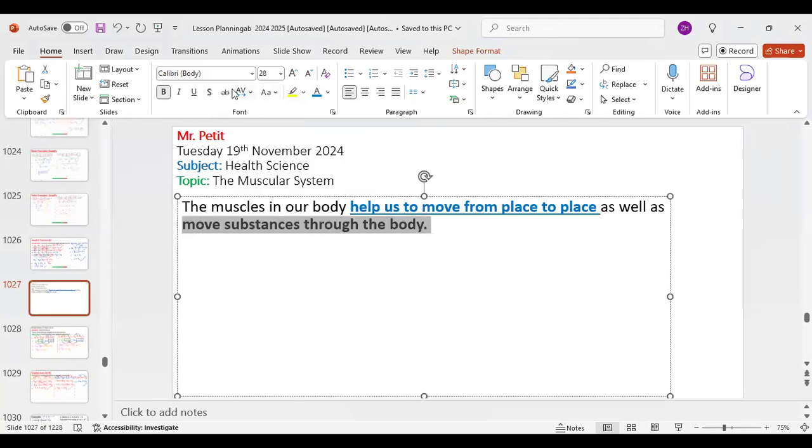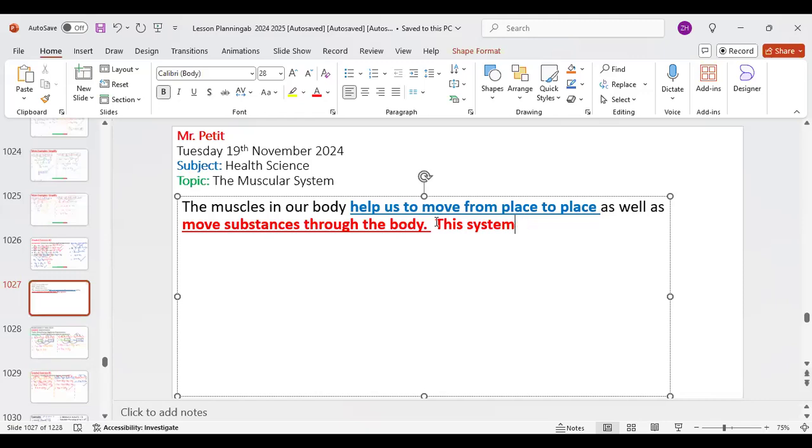All right. Helps with running, jumping, standing. Yes, I agree 100%. So we have this system. What other system does this system work with to perform these actions?